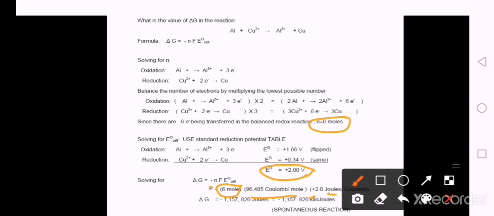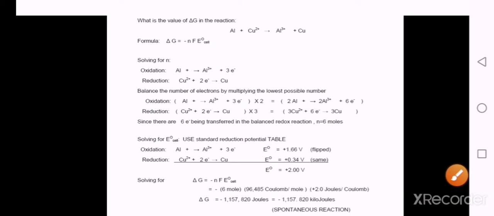Okay, so ang magiging answer natin ay negative 1,157,820 joules. But this could also be written in terms of kilojoules by dividing the value of joules by 1,000.